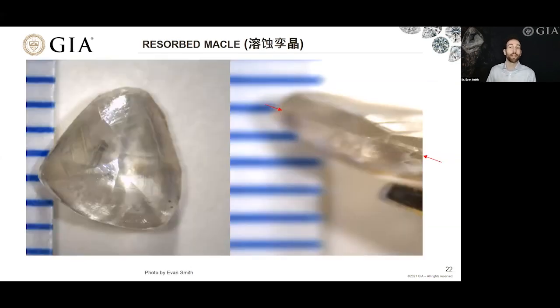Here is another example of a macule. This one has been resorbed, so we can no longer see any octahedral crystal faces.